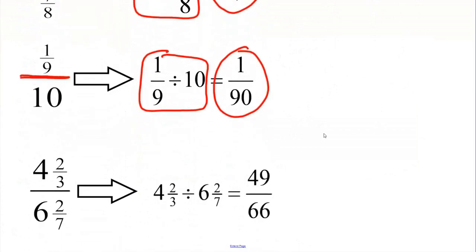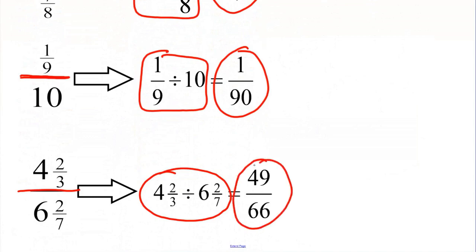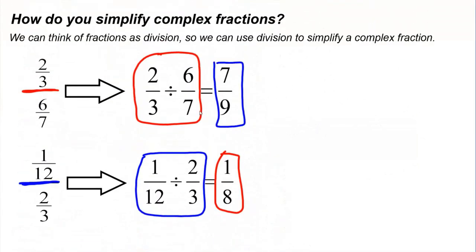And then lastly, the mixed numbers, 4 and 2/3 divided by 6 and 2/7. That's how we're going to think of that. So we take 4 and 2/3 divided by 6 and 2/7, and you get 49/66 as the simplified version of that complex fraction. So pretty easy to simplify a complex fraction. We're just going to use division to do that.